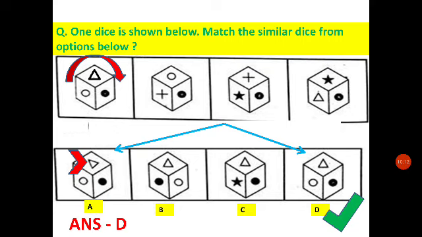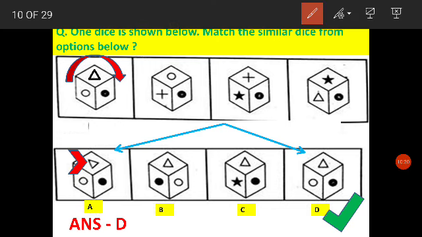Now, if you see the dice carefully, it is rotating, and every time the face on the left side is actually going on top. This round is going on top here. This star has come on top here. So next, this triangle will go on top.